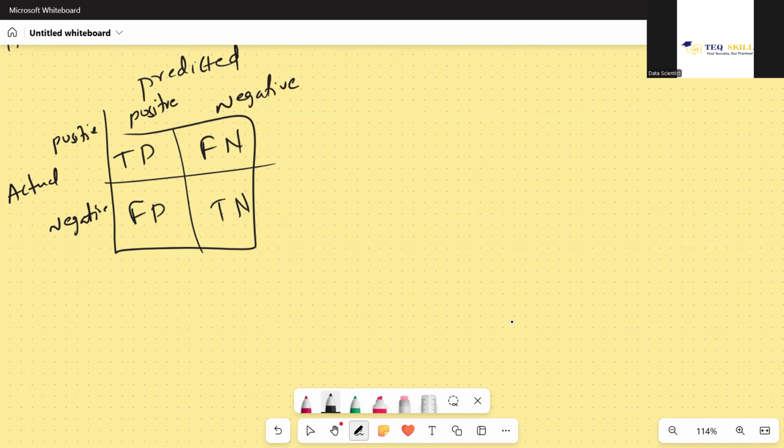Okay. This is the confusion matrix. If you know the confusion matrix, from the confusion matrix only, we can evaluate various metrics. The first one is accuracy.